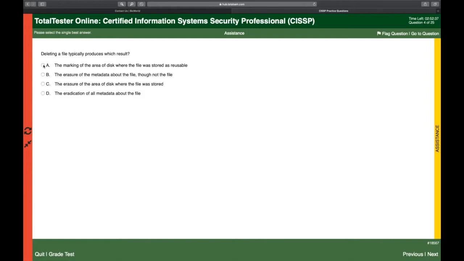I concur. The marking of the area of disk where the file was stored is reusable. Doesn't remove the information, it just removes the marker that identifies where that information was stored so that other information can now be stored there.